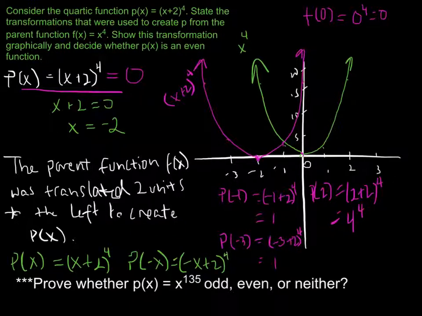Now, if you were to multiply this out, you would clearly see that they're different, but if we just think about it really quickly, we can see that these are not equal, right? If I take some value and add it to 2 and take it to the fourth power, it's not going to be the same always as if I take the opposite, additive inverse, add 2 to it and take it to the fourth power. And we saw that with -2 and 2.